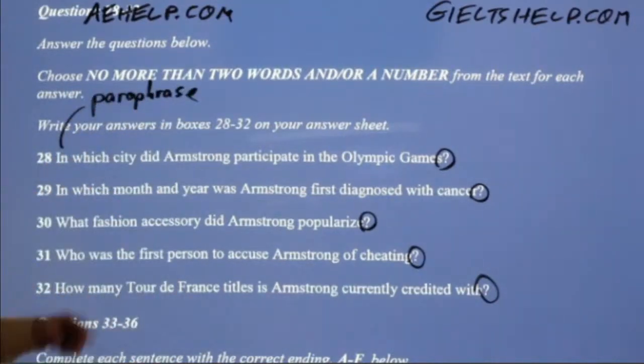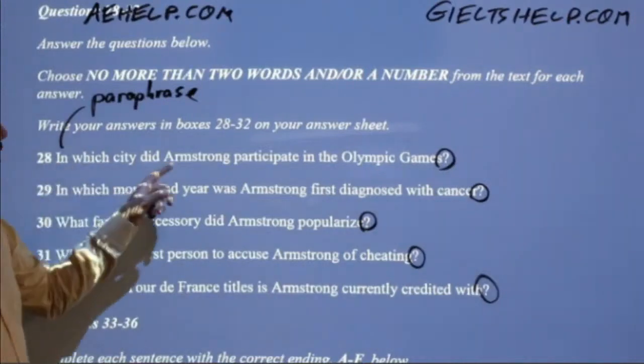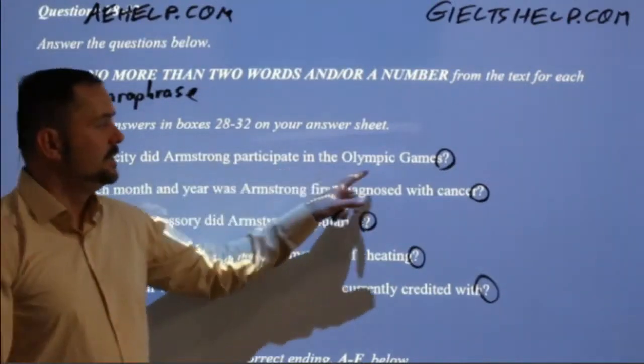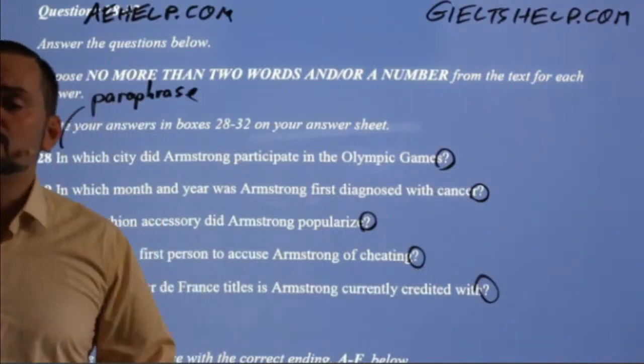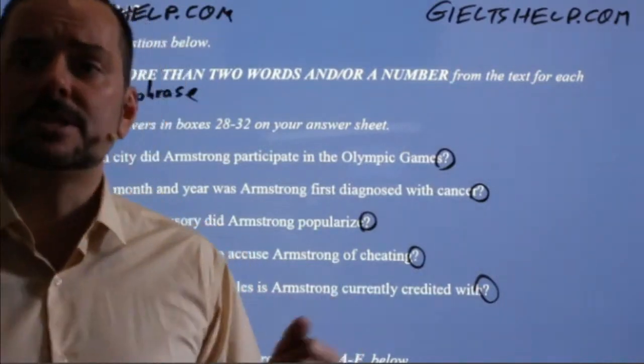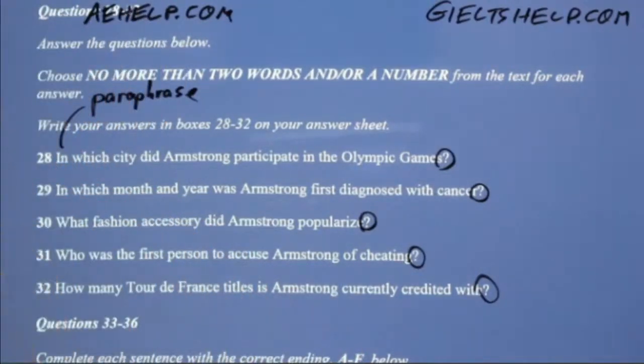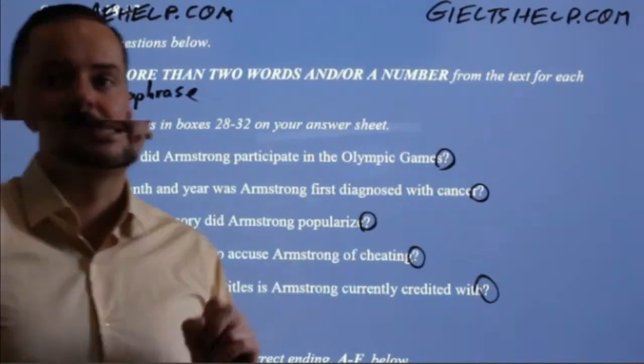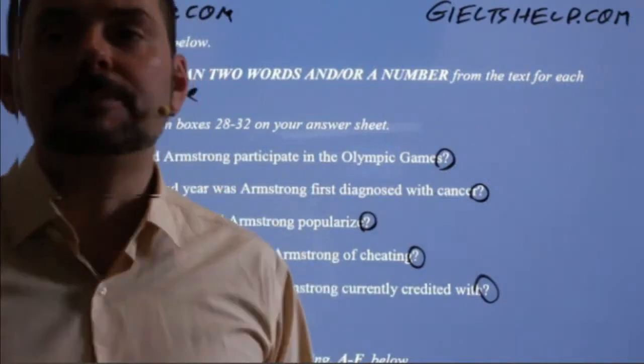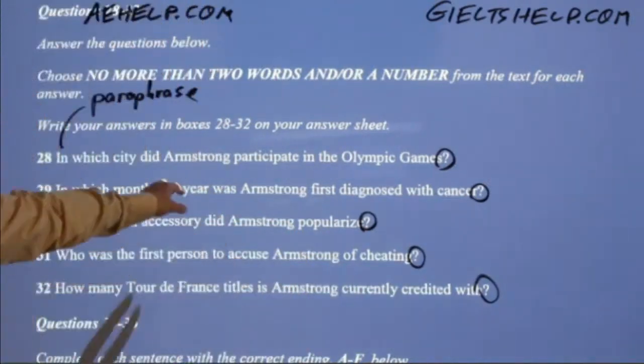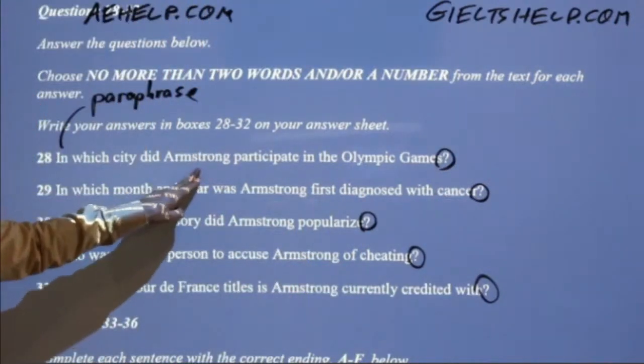Okay, so I'm going to read this one. In which city did Armstrong participate in the Olympic Games? Can you paraphrase that and make it into a statement? Okay. Ferdovs, don't search for the answers because scanning won't really help you here. You might have to skim the whole passage just to get the first one if it's near the end of the passage.